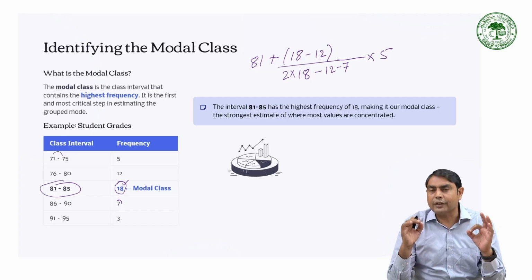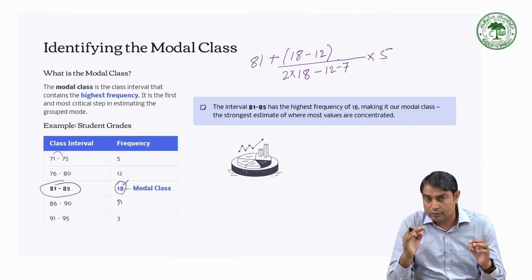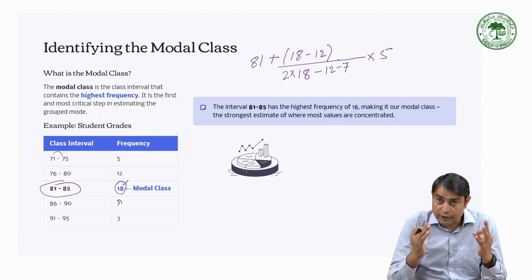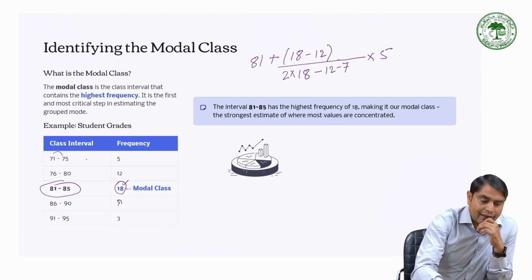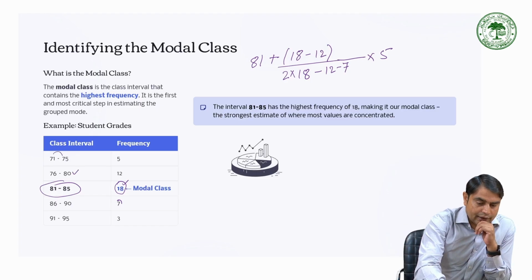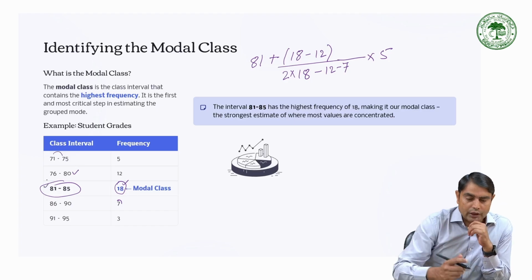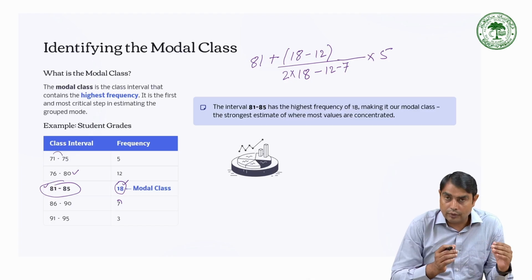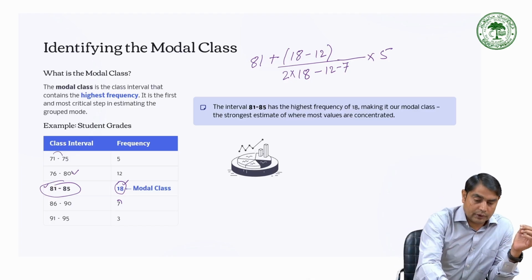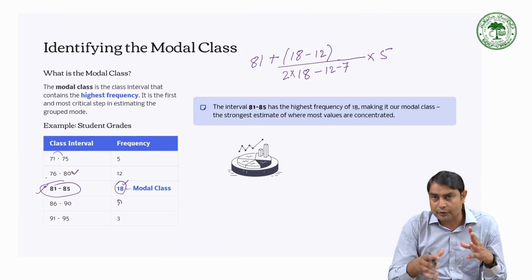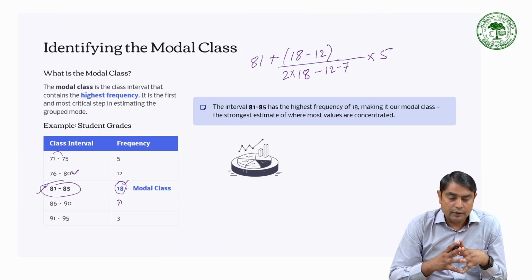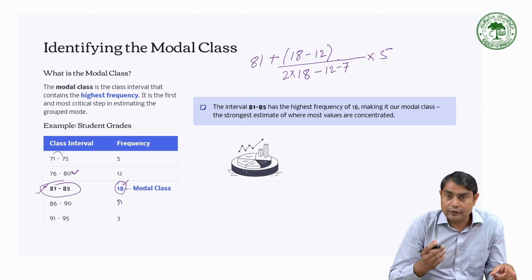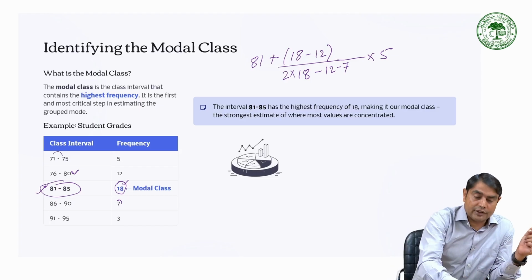But there is one thing you need to be cautious about: there is a gap between the classes. Here the last value is 80, whereas the beginning value of the next range is 81.